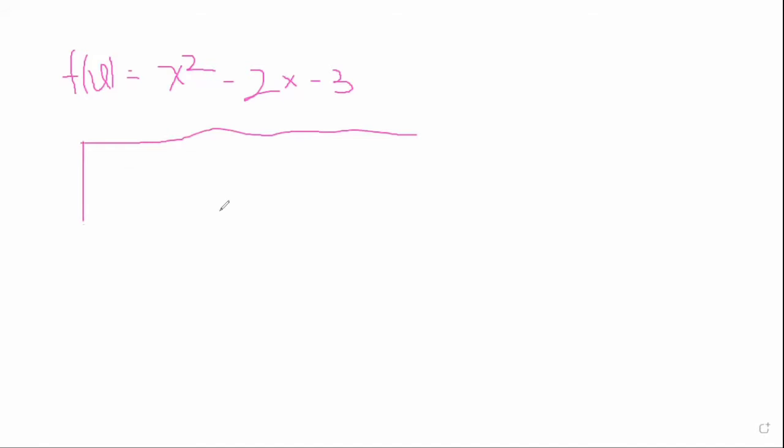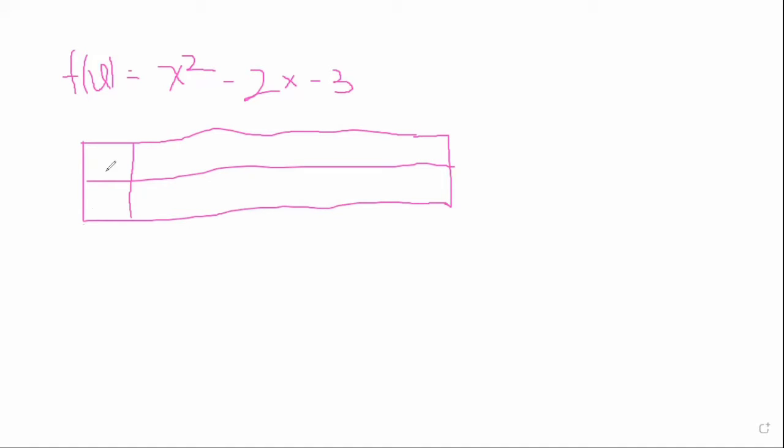Wait, I will draw it like that. This is x and this is y, because I will draw the graph.